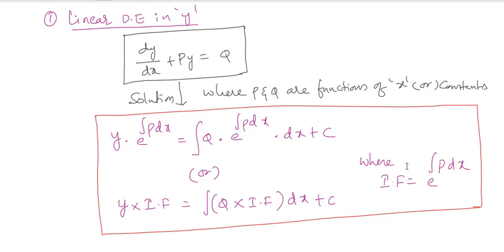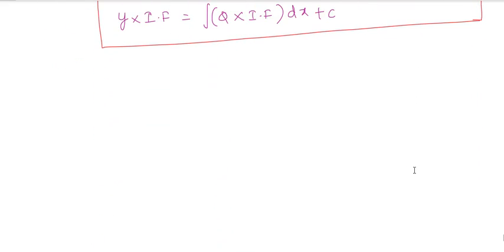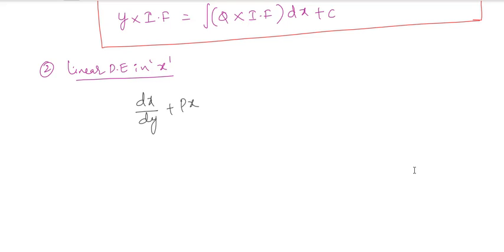Then similarly the another one will be the linear equation in x. That is the second one. Second one will be linear differential equation in x. Am I right or not? So it will be the same case: dx by dy plus px is equivalent to q.